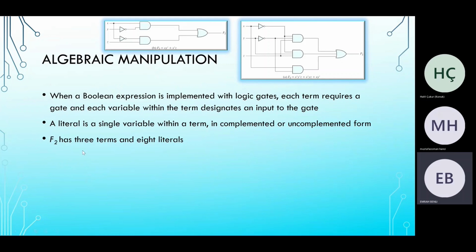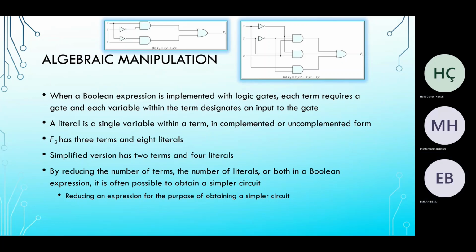And the f2 function has 3 terms here, 1, 2, and 3, and 8 literals, 1, 2, 3, 4, 5, 6, 7, 8. And the simplified version has 2 terms, 1 and 2. And we have 4 literals now, 1, 2, 3, 4.